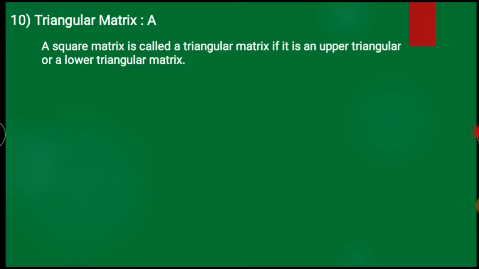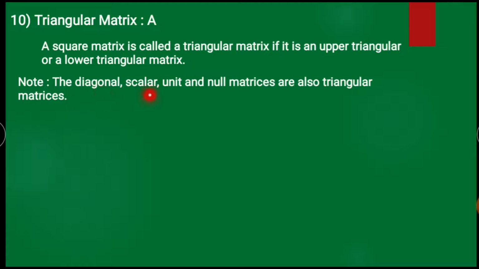The next type is triangular matrix. See the definition. A square matrix is called a triangular matrix if it is an upper triangular or a lower triangular matrix. So this is the definition of the triangular matrix.